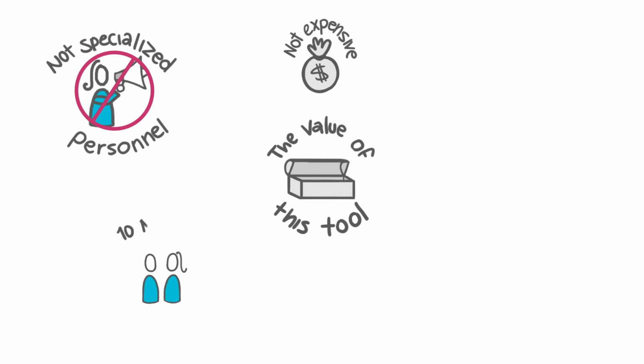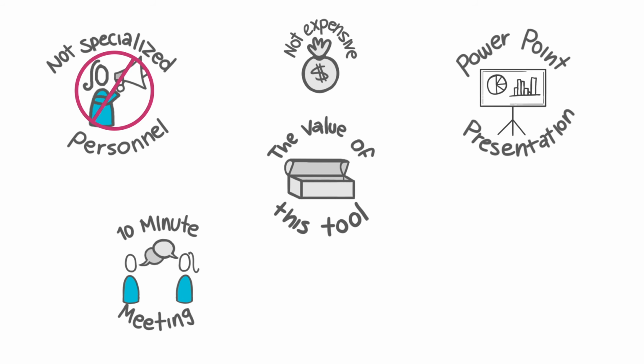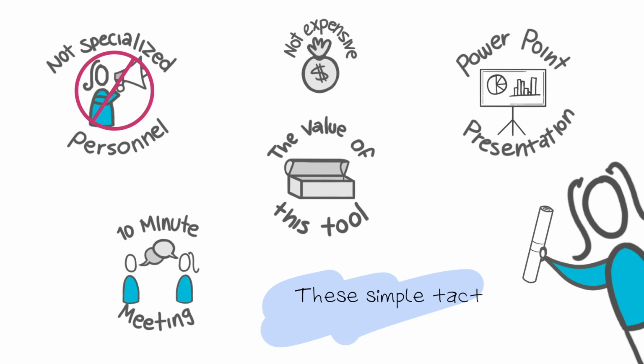On many occasions, a well-prepared 10-minute meeting with clear messages and appropriate language can be very effective. A short PowerPoint presentation can be more productive than a costly publication. The mini communication strategy brings these simple tactics to the fore.